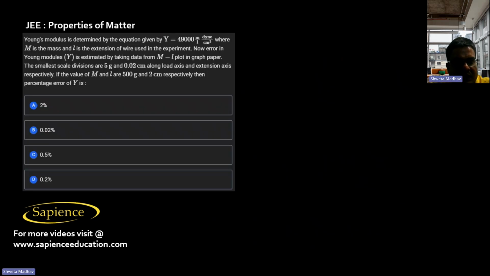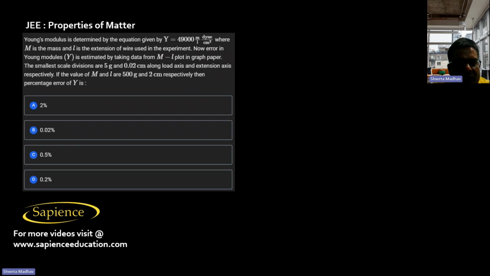Here it is told Young's modulus is determined by the equation y equal to 49,000 m by L dyne per centimeter square, where m is the mass and L is the extension of the wire used in the equipment. Now error in Young's modulus is estimated by taking data from the M-L plot graph paper.